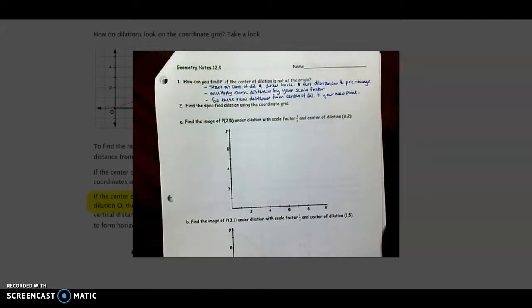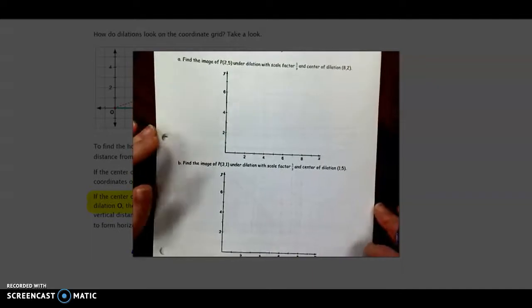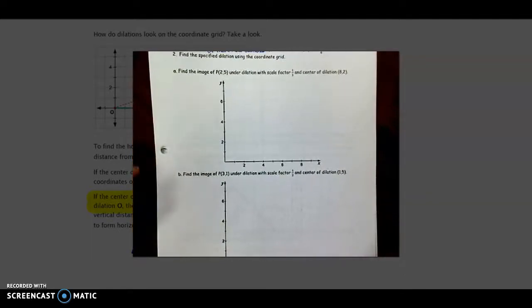So start at your center of dilation, draw your horizontal and vertical distances to your pre-image point, and then multiply those distances by your scale factor. Go those new distances from your center of dilation, and that will locate your new point. So we are going to actually do that on number 2, practice that. So if that process doesn't quite make sense, hopefully after we do it a couple of times, that'll make more sense.